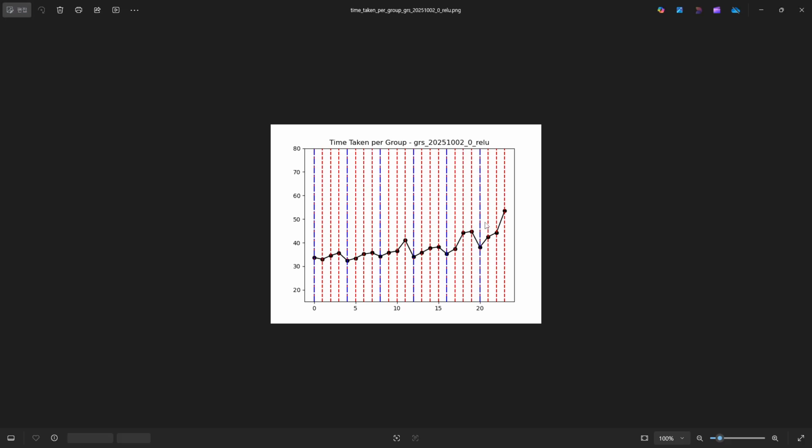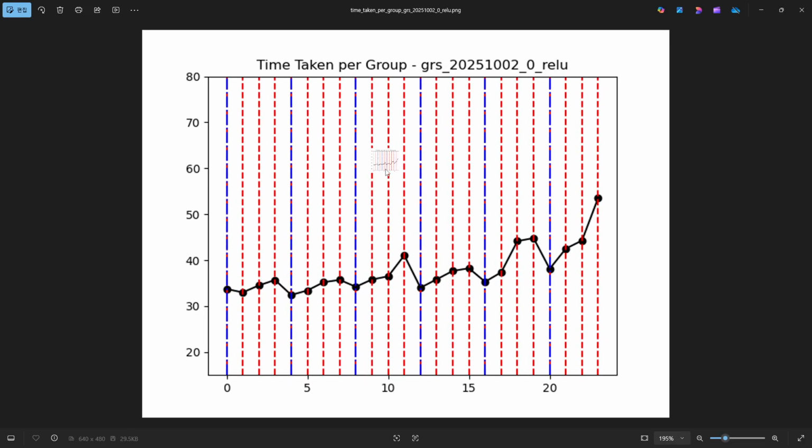And here the upward trend is also visible when we increase the procreate event ratio. So this here is 3, 4, 5, 6, and then down to 3, 4, 5, 6, and so on.